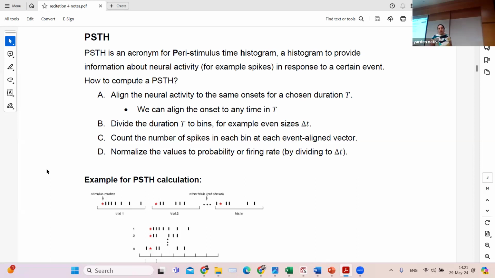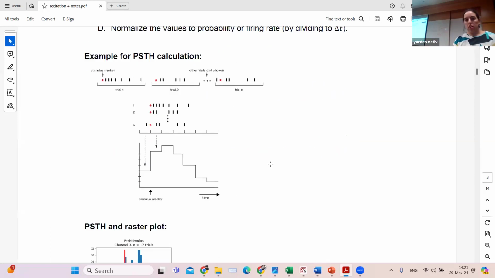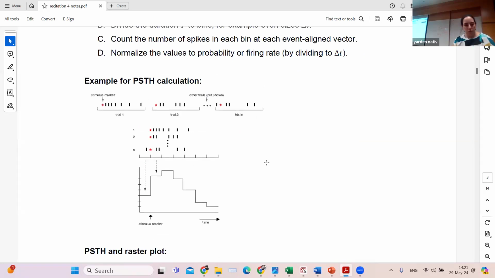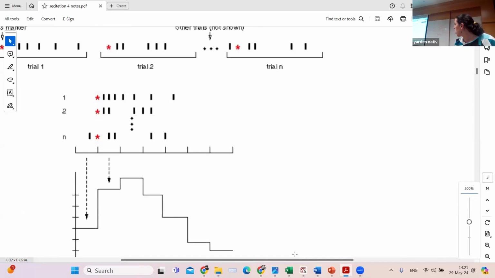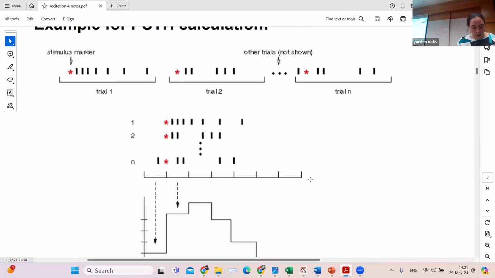So you have here, for example, a recording from a neuron, and you can see here the stimulus marker in red. And then you have different trials. Some of them have these spikes even before the stimulus marker, some of them after. In some of them, the stimulus is straight at the beginning. In some of them, it's a bit later.